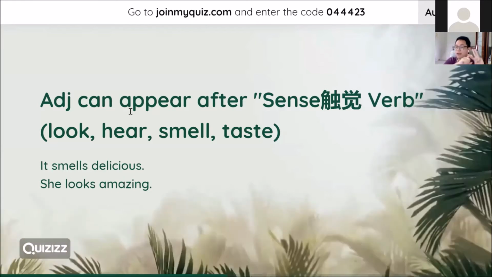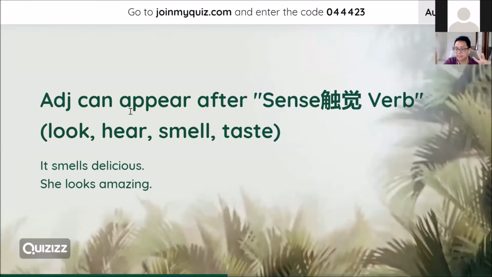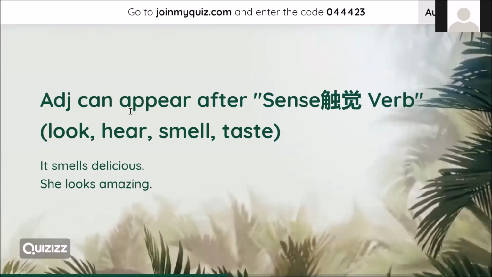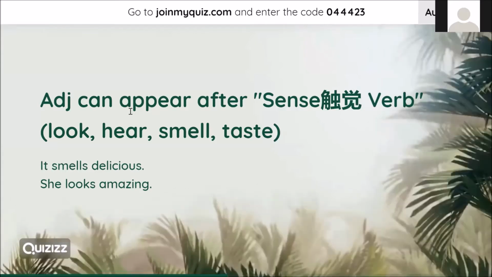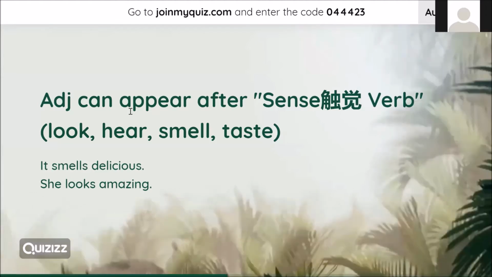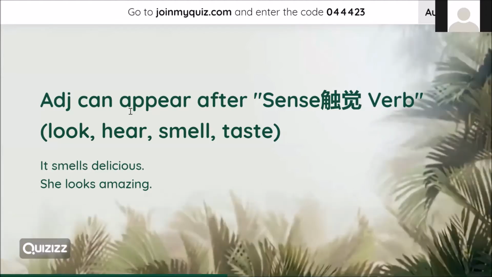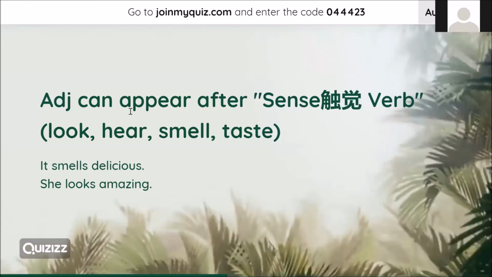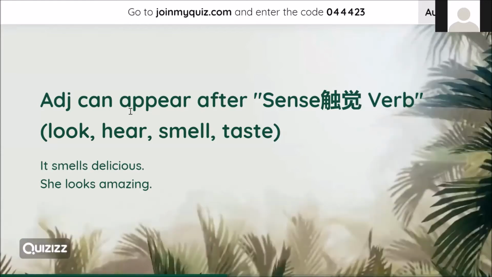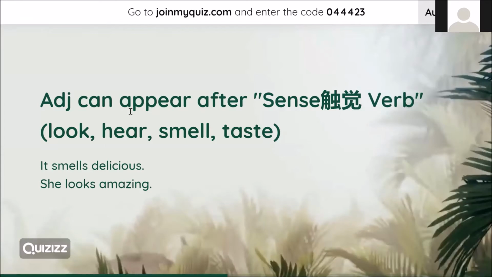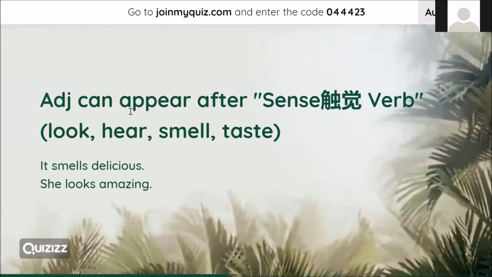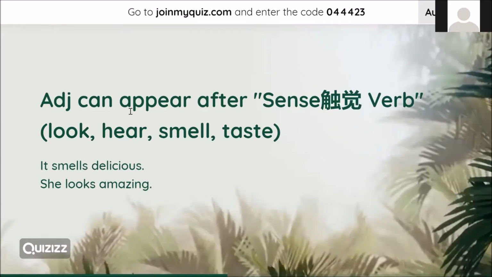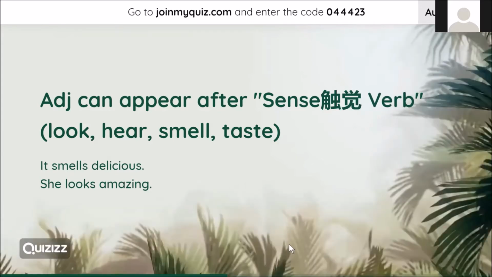They can appear in front of a noun, 在名词的前面, the handsome teacher, or after is, am, are, was, were, the teacher is handsome, or after a sense verb, she looks beautiful, she looks amazing. Right, so usually only 3 places the adjective appears. They can appear in some other rarer cases, but these are the 3 most common places where adjectives appear.